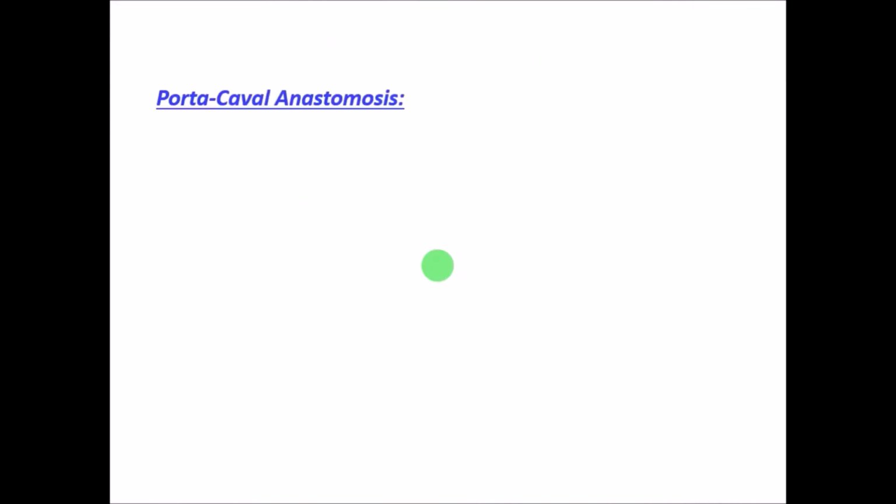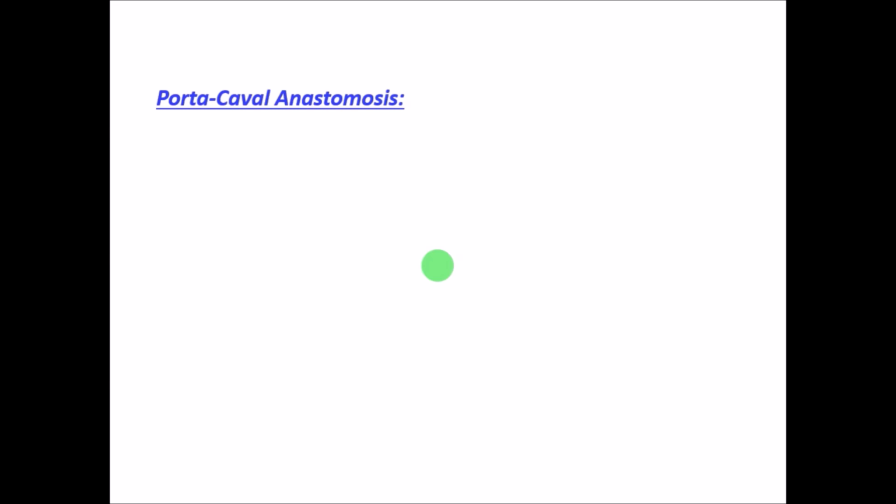Coming to something called portacaval anastomosis. This is the kind of site where the portal veins anastomose with the vena cava veins, usually the inferior vena cava.